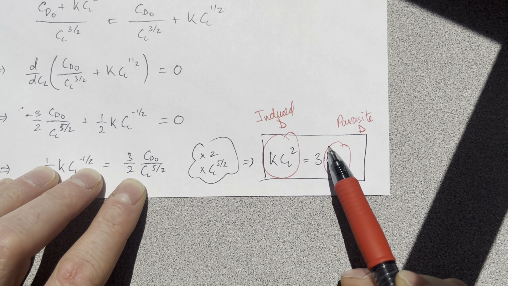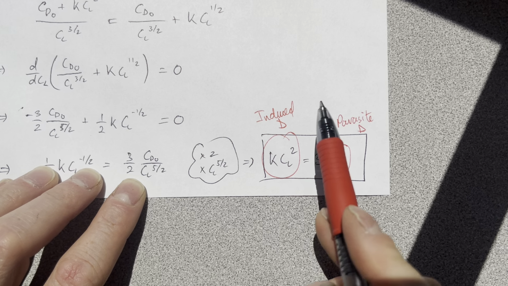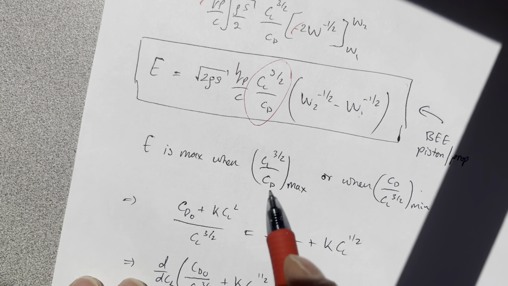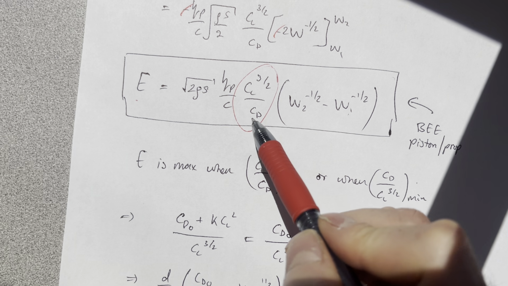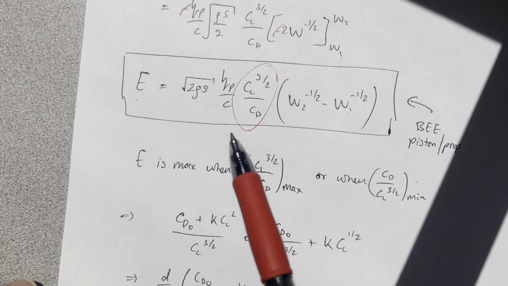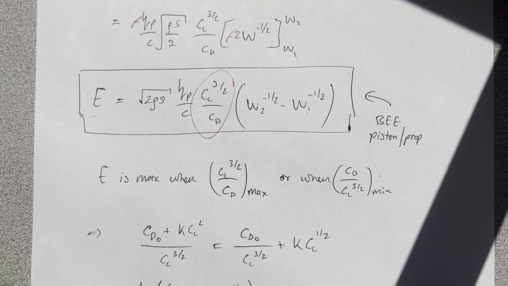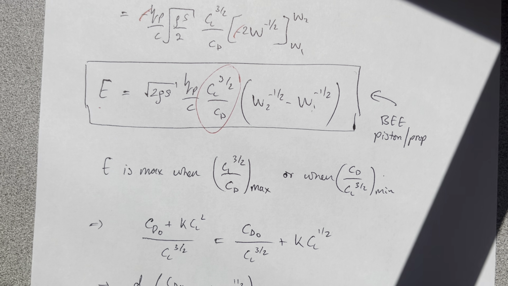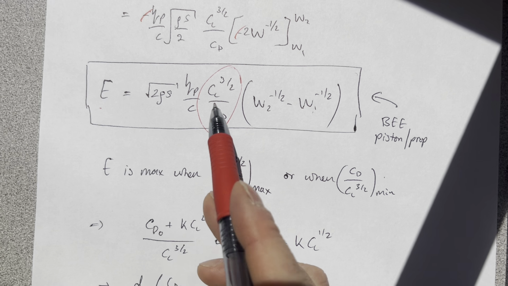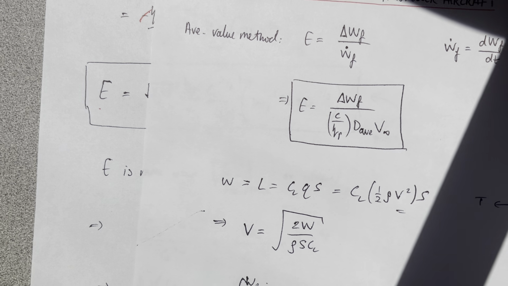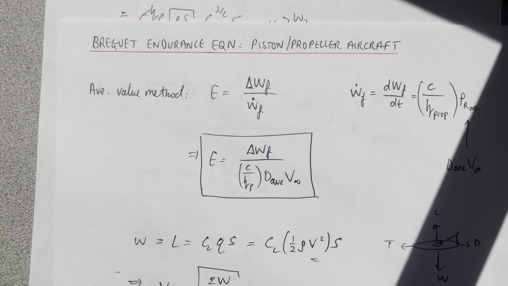So 3 multiplied by the parasite drag gives us the induced drag, aka the induced drag is 3 times larger than the parasite drag, and that is going to maximize endurance, as we've shown, by maximizing that ratio of CL to the 3 halves over CD. Good, so that is the Breguet endurance equation, specifically for a piston propeller driven airplane. In the next video we will have a look at the Breguet range equation for a piston propeller aircraft.